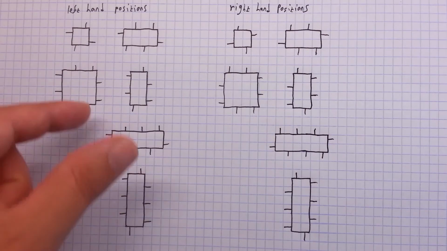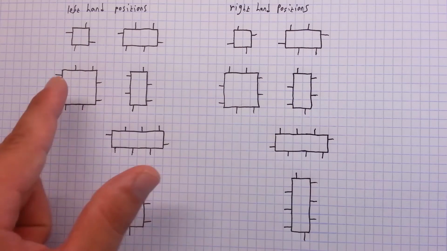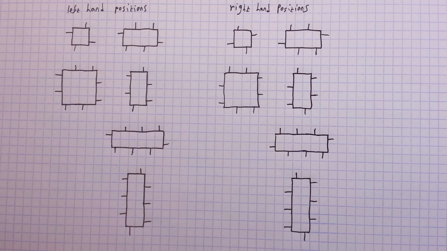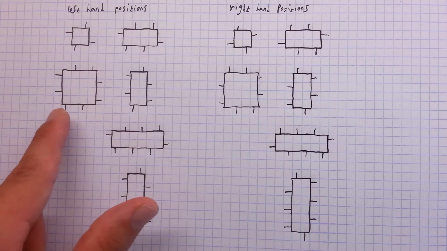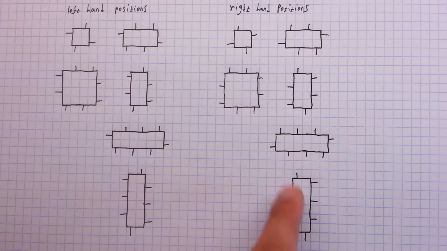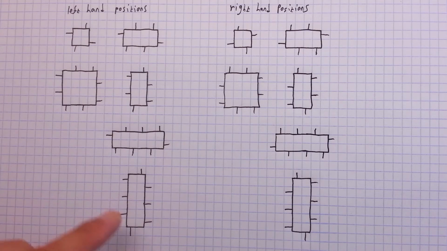The same will be if I turn it 90 degrees, so here is on the left, here is on the right, and you can see on the 2x2 also the farthest string here is on the left, the farthest string here is on the right, and so on. For a 3x1, if you turn it 90 degrees, it will stay the same. This is the left hand, right hand, and right hand.